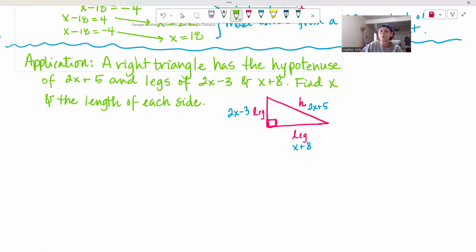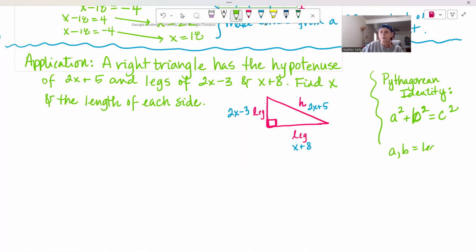We have to remember the Pythagorean identity that you've heard for a really long time, which is a squared plus b squared is equal to c squared, where a and b are legs of a right triangle.